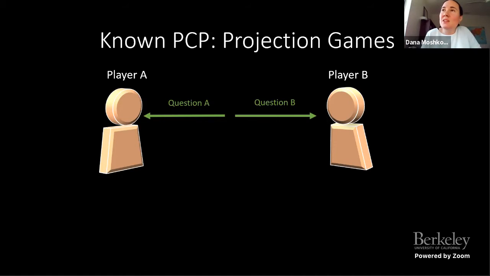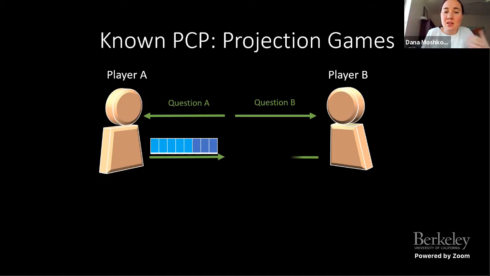Those questions can be something like, here we have some 3-SAT instance. Player A, here are these and these and these variables. Can you give me the assignments for them? And player B, here are these and these and these variables. Can you give me the answers for them? Okay.